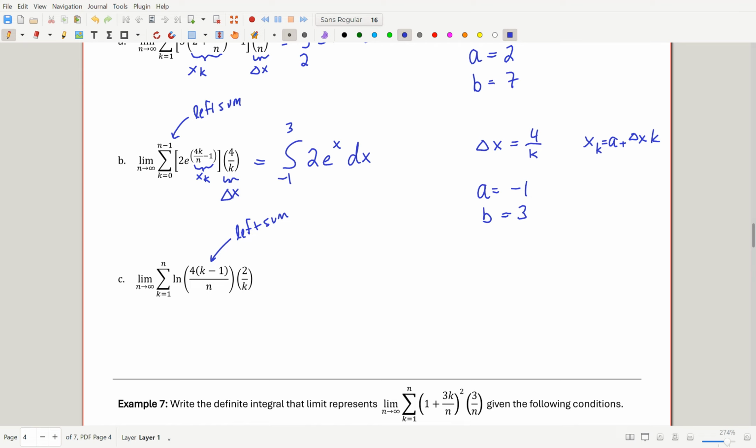As a matter of fact, I could rewrite this limit, and maybe this is the best way to do it, just to completely get rid of that. Let's convince ourselves that these two things are algebraically equivalent. I'm going to change it to look more like the left sum that I like. And now, because I'm starting at 0 instead of 1, I can just go with k there. ln of 4k over n times 2 over k.